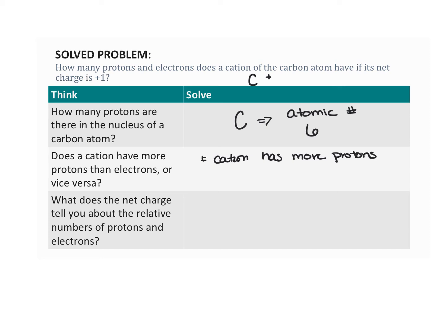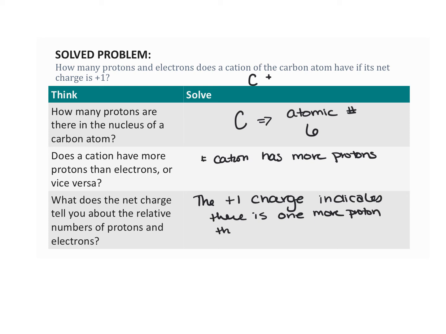And so what does that net charge tell us about the number of protons and electrons? Well, that +1 charge indicates there is one more proton than electrons.